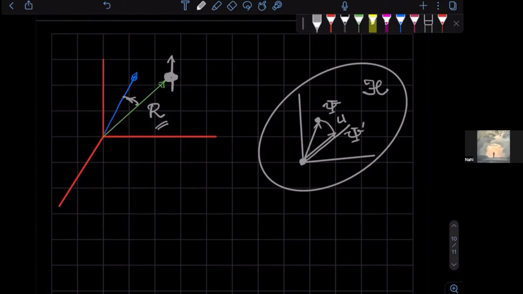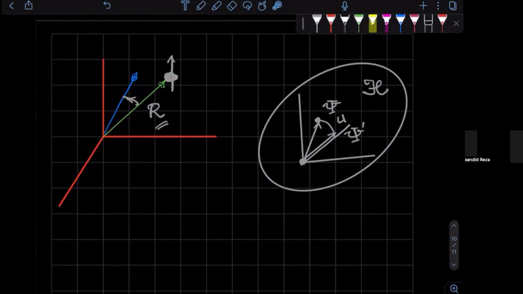Could you explain it one more time? Right. Suppose that we have a particle in a lab. This is a spin half particle, like an electron. Now, suppose I rotate my system. Its position vector is given by the green arrow. Can you see the green arrow?